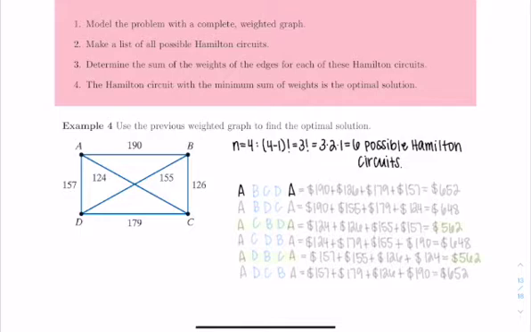So the first one would just be B, C, D. Just write them in order. Then we want to change up the order of B, C, D. Maybe instead of doing B, C, D, we'll do B, D, C. We just changed the D and C around.